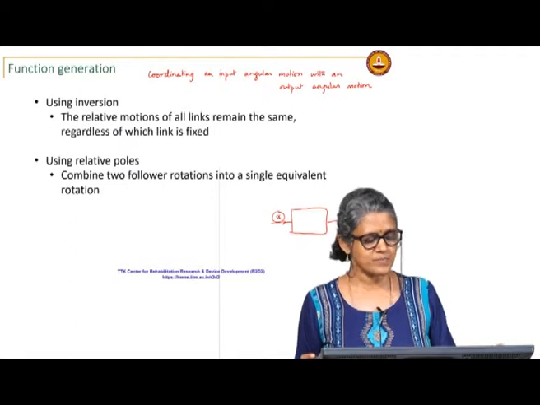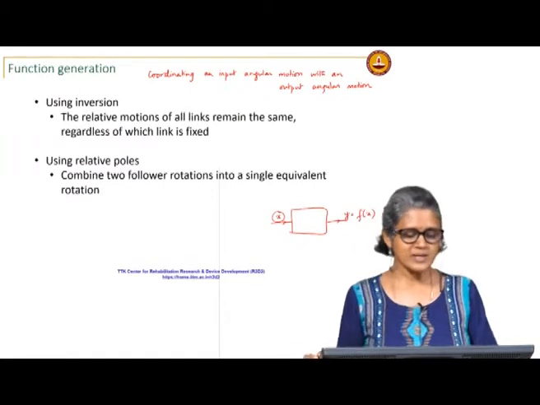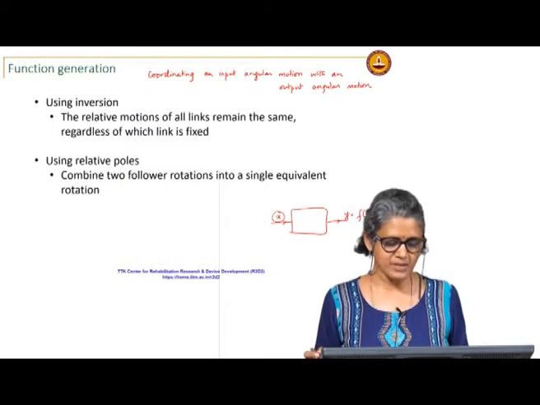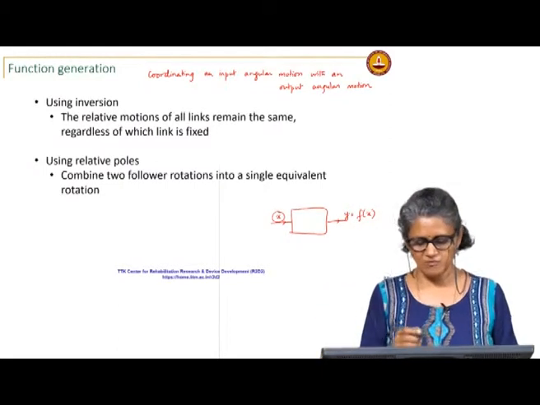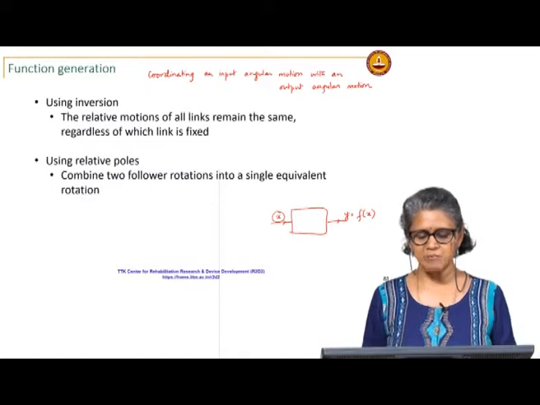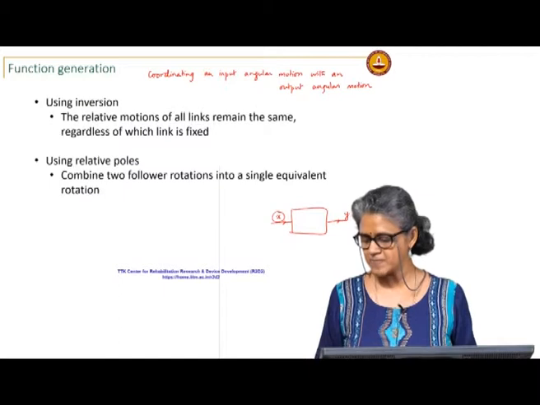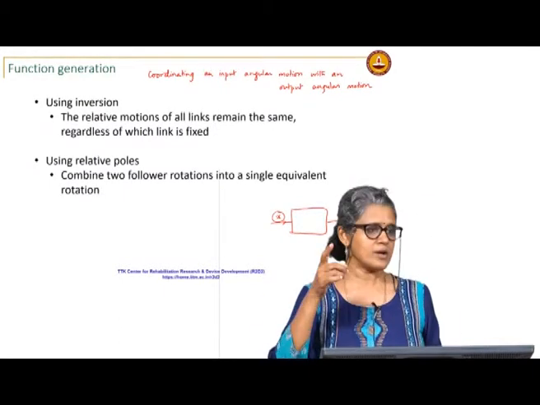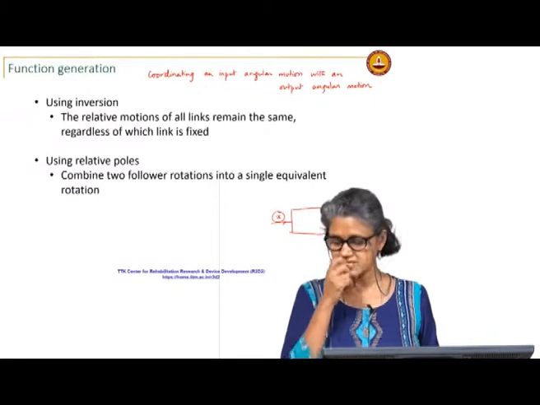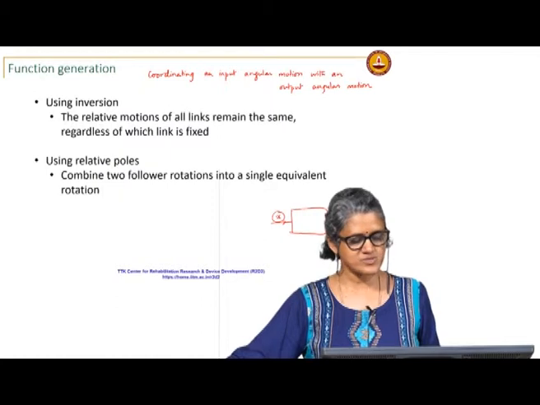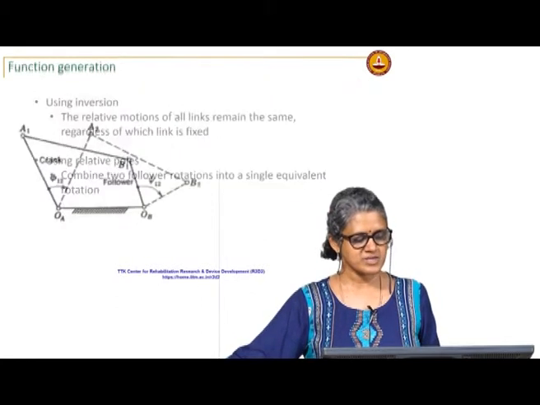And then we will also look at a method using relative poles, where we will combine two of the follower rotations into a single equivalent rotation. So, we will revisit the pole that we looked at initially, and we will also define something called a relative pole. These are the two methods that we will use for function generation.